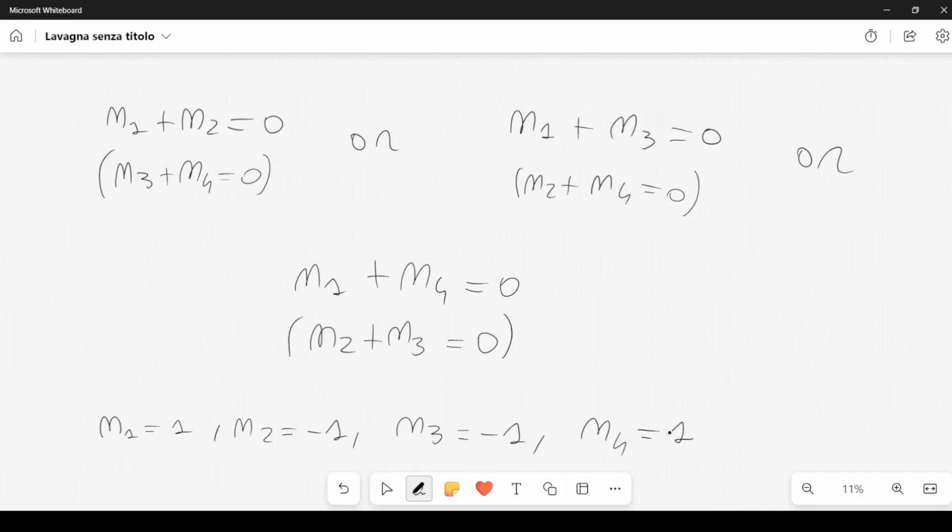This is an example, but it will let you understand. We have the absolute values of the indices that are the same. We are thinking about the absolute values, not the specific values, and they are just the same because the absolute value of minus 1 is equal to the absolute value of 1, which is 1.